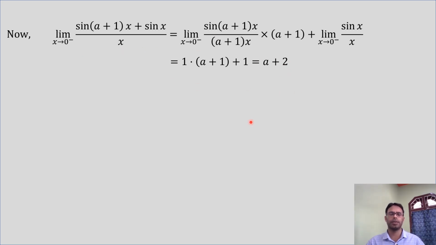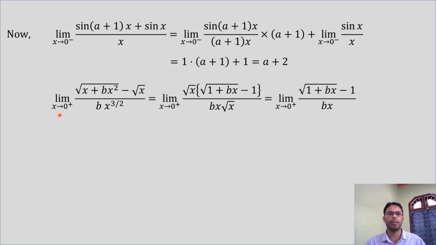Then obtain the right hand limit also. So for 0 plus, this was the function, I am writing here this one. You see, root over x plus bx square. Very simple actually, just try to understand. x plus bx square.